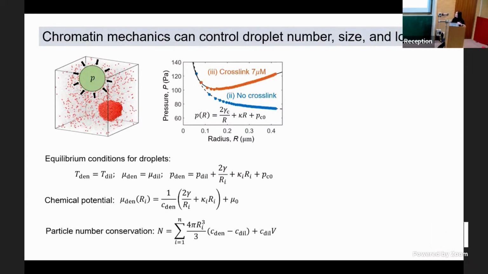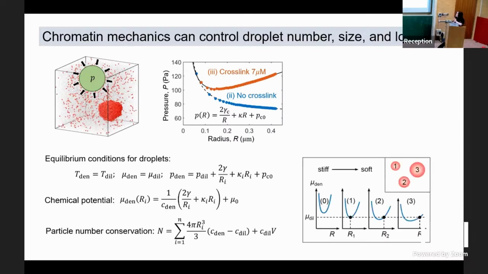You have temperature, you have chemical potential, you have pressure. They all have to be in balance. And then we can write down what the chemical potential is at any location in the cross-linked system. We also have the number of particles conserved.